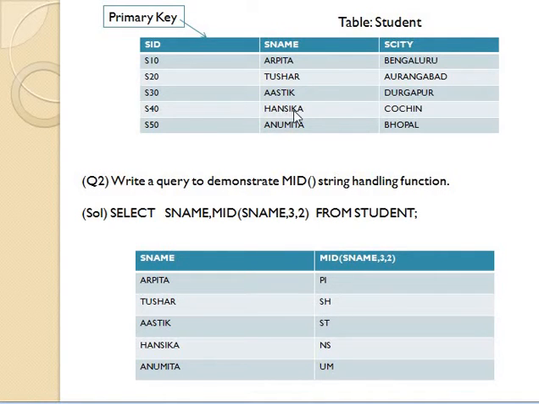Then for the entry Hansika, the letter at position number 3 is N, and extracting two letters including the letter N gives NS in the output table.